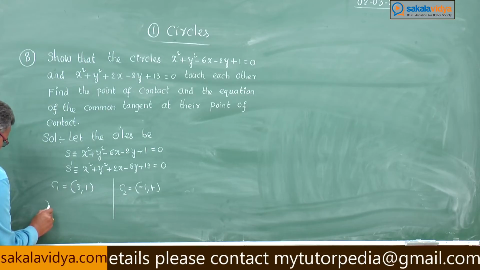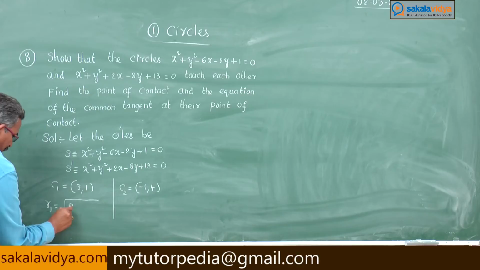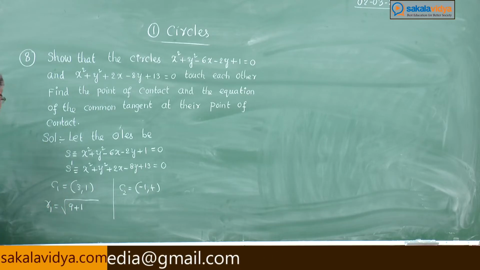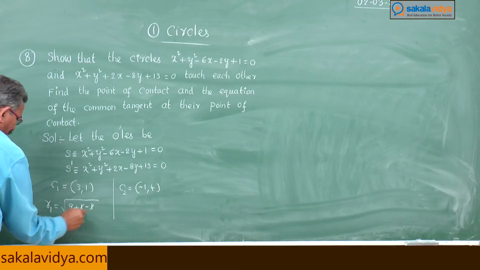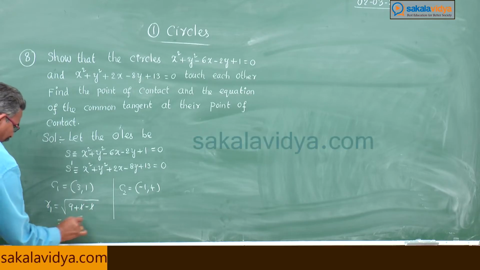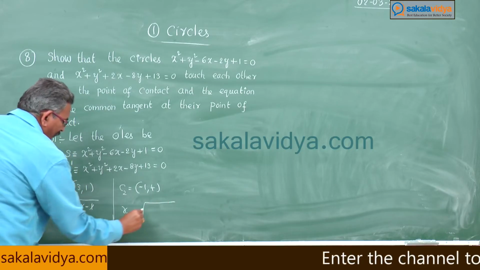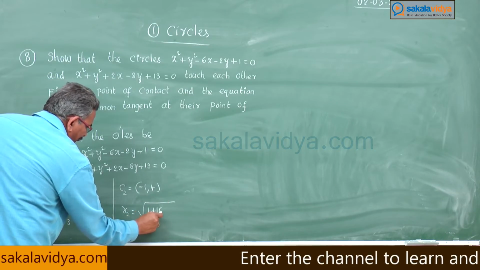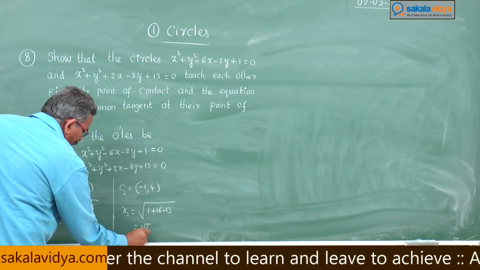Next, radius R1 is given by root of g square plus f square minus c formula. Here 9 plus 1 minus 1 cancel, root 9 is 3. R2 is root over 1 plus 16 minus 13, 17 minus 13 is root 4, this is 2.